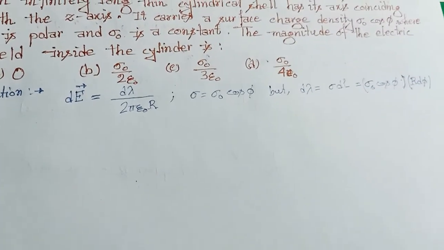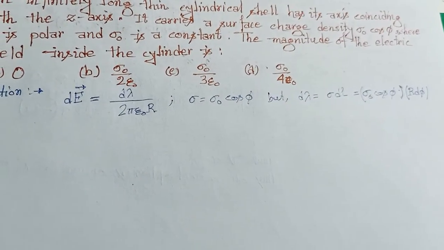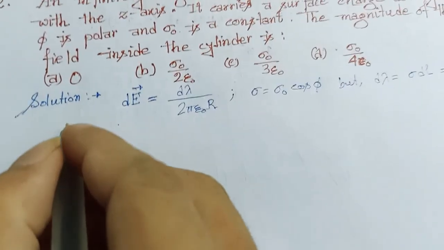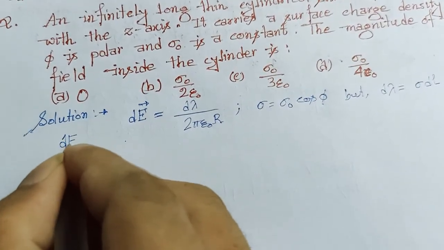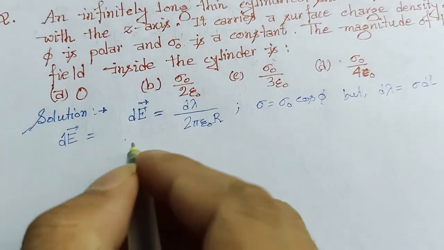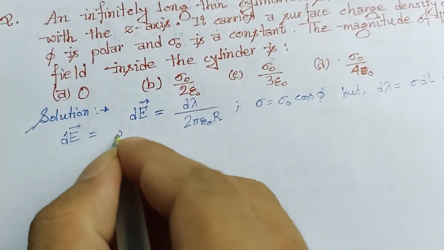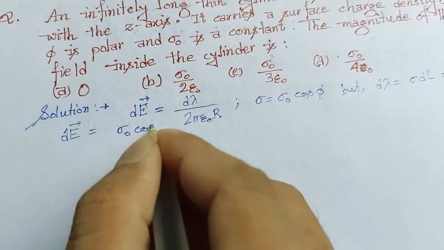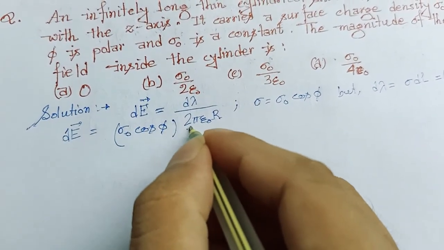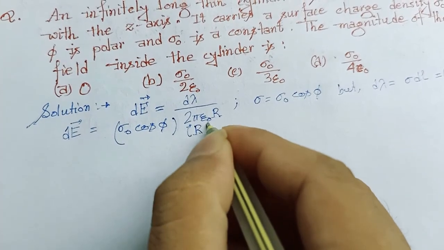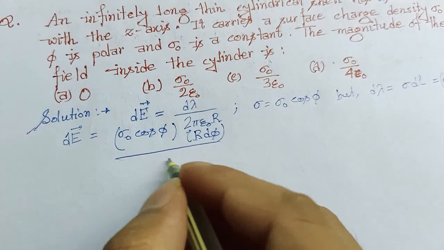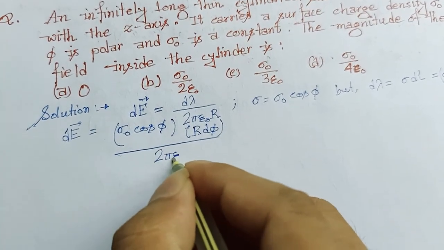After putting this value, we'll get the small electric field dE equal to d lambda, meaning sigma naught cos phi multiplied by r d phi, divided by 2 pi epsilon naught r.